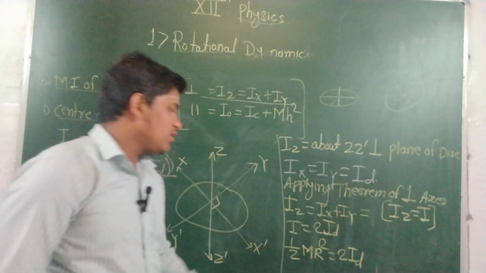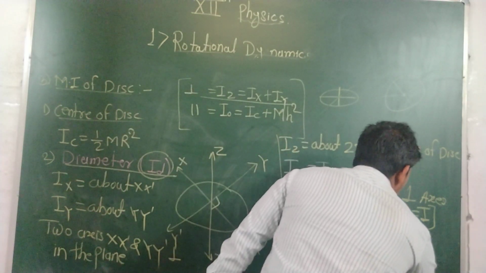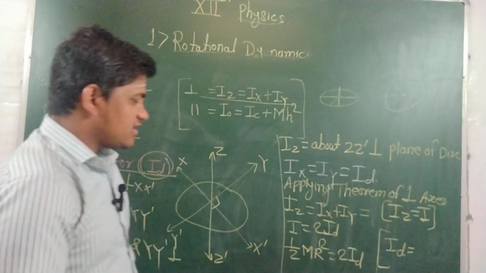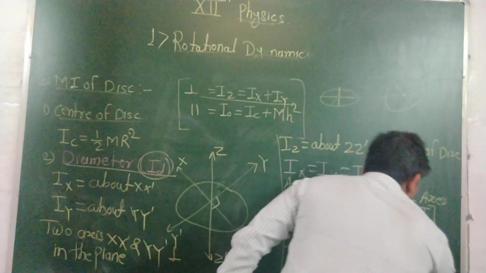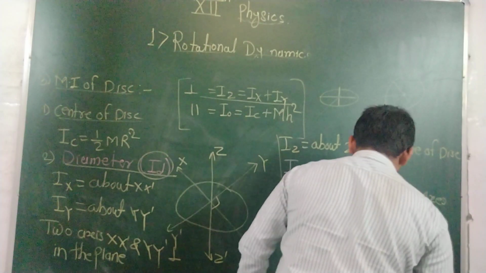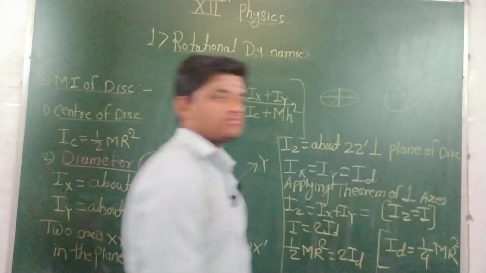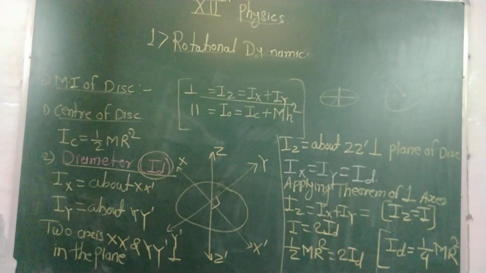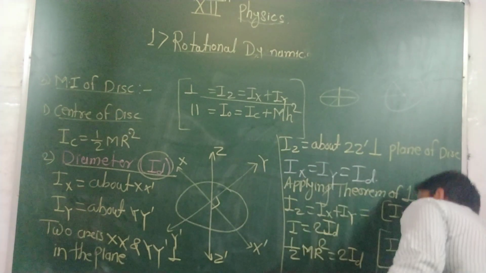So this 2, multiplied with I of d, when brought to the other side will divide. So the moment of inertia of the uniform disk about the axis passing through the diameter of that object is 1/4 into m r square, and this is the moment of inertia of the uniform disk.